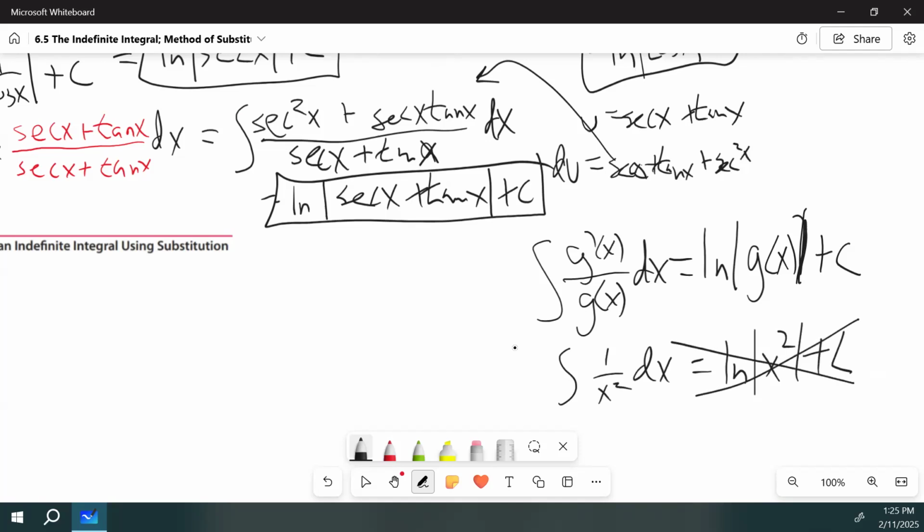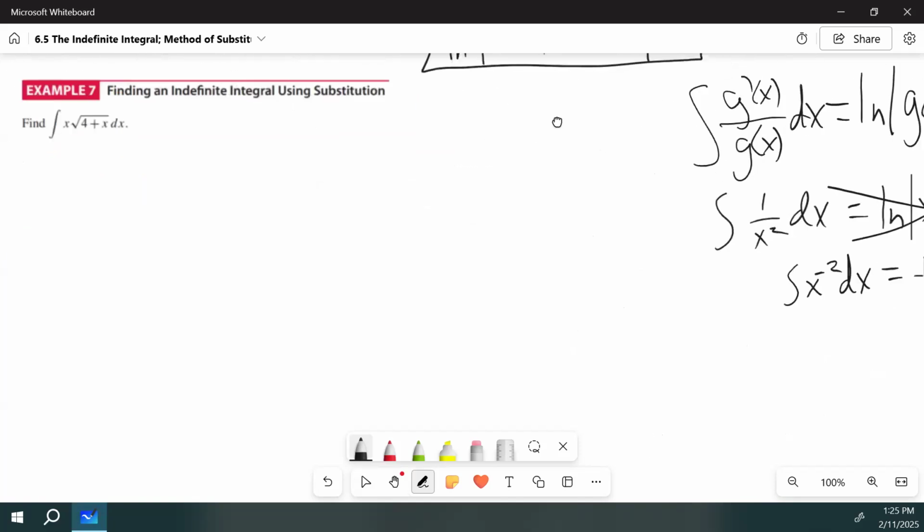But that's not right because you don't have g prime over g. You would just write it as x to the negative 2 dx, which would give you x to the negative 1 over negative 1 plus c. Okay, so the antiderivative of a rational expression will involve a natural logarithm only if it's of the form g prime over g. Okay, so just wanted to make that clear to you guys.